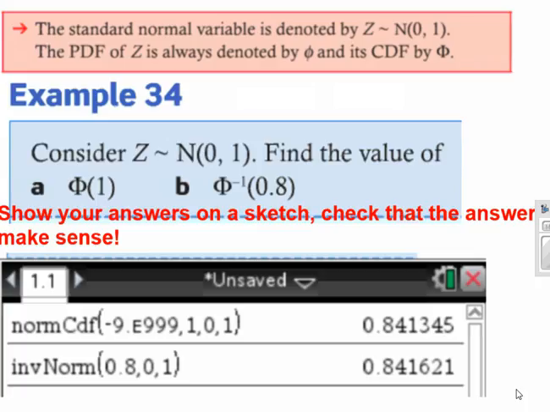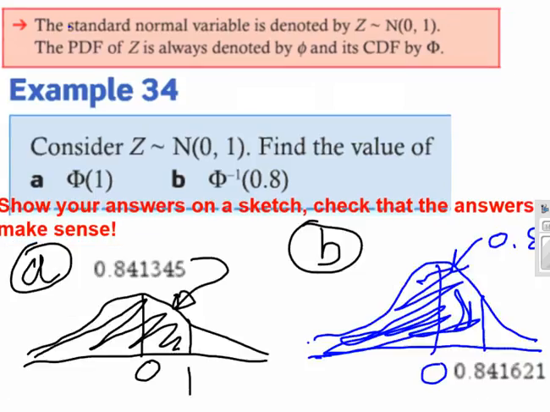Now, the answers look pretty similar, so it's a good idea to draw a sketch just to convince yourself that everything makes sense. Okay, now don't laugh at my terrible use of my new graphics tablet. Yeah, stop laughing.